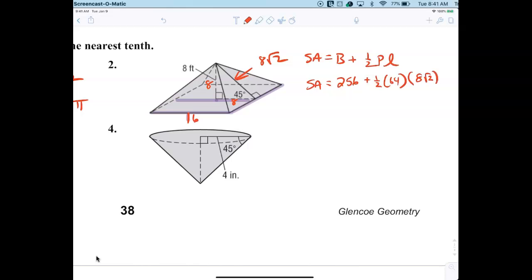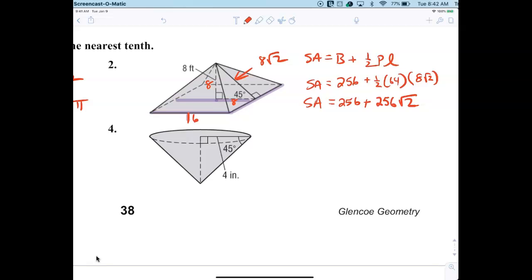64. And then what's the slant height? 8 radical 2. So we're going to say the surface area exact answer is 256 plus what? You guys are killing me today, man. 1/2 of 64 times 8. Half of 64 is 32. 32 times 8, 256.